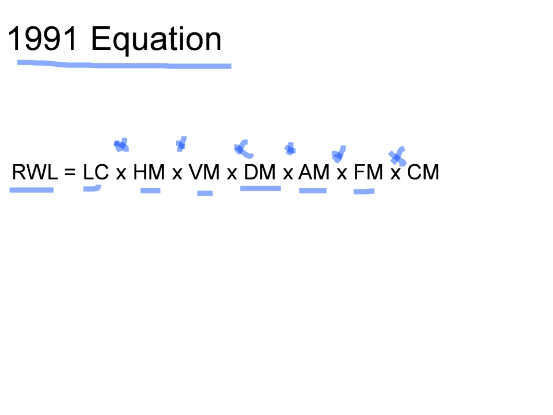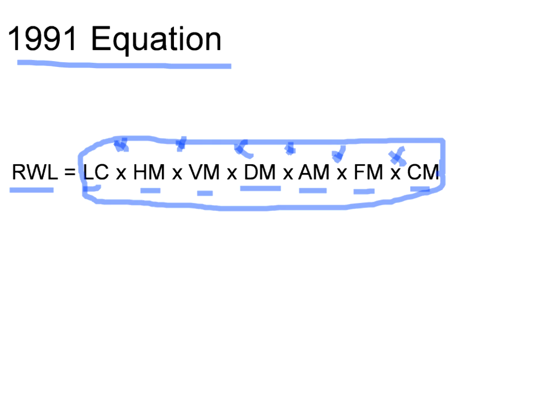So this is the equation found long back, before 20 years, still continuing. RWL, recommended weight limit, is a product of all these variables which you have seen in the previous slides.